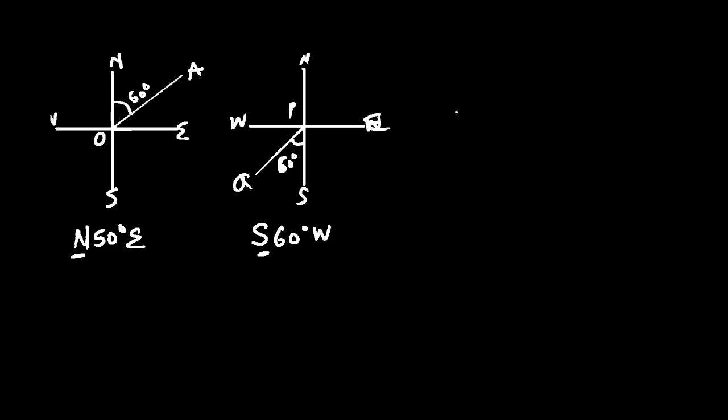So let me give you this. If I have this for 3-digit bearing, instead of having north here, you have 0 degree here. Here is 090. Here 180.